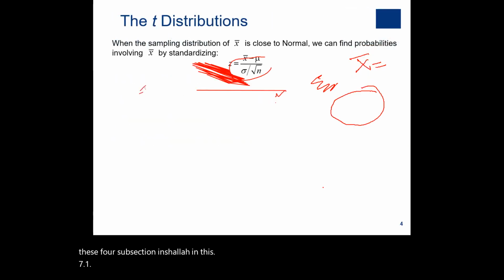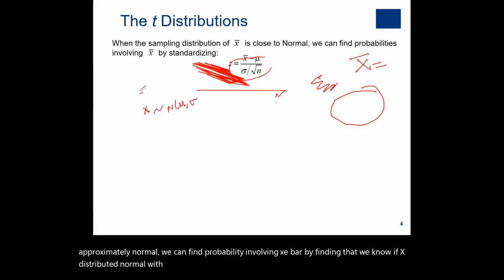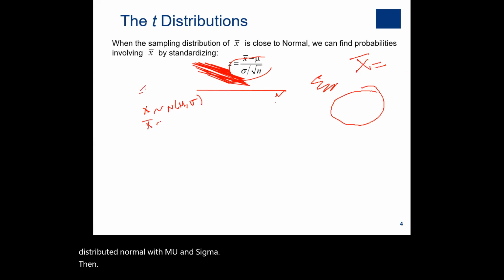Before, in chapter 6, when the sampling distribution of x bar is close to normal or approximately normal, we can find probability involving x bar by finding z. We know if x is distributed normal with mu and sigma, then x bar is also distributed normal with mu and sigma over square root n.